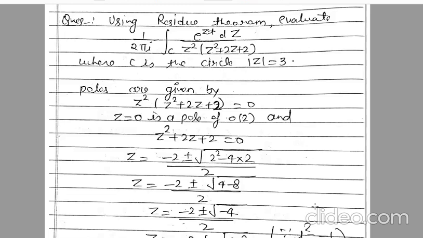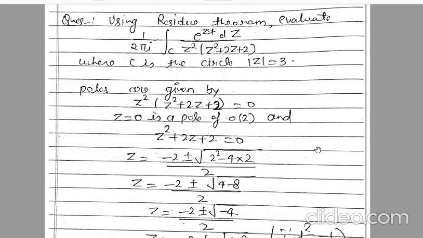If the integral is not given, only f(z) is directly given, then there is no need to apply the Cauchy residue theorem, because the question will say find the residue of f(z). So just apply your residue formula there. But if an integral is given, then you will apply the Cauchy residue theorem. That means you have to calculate your integral value.